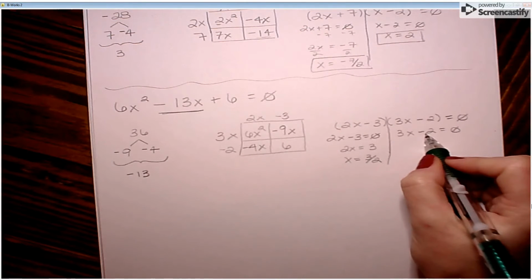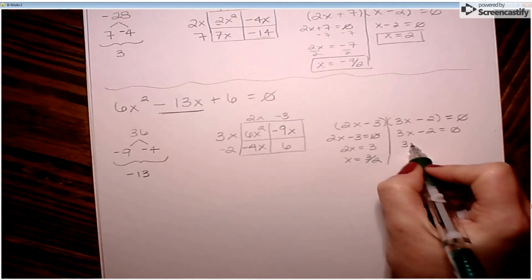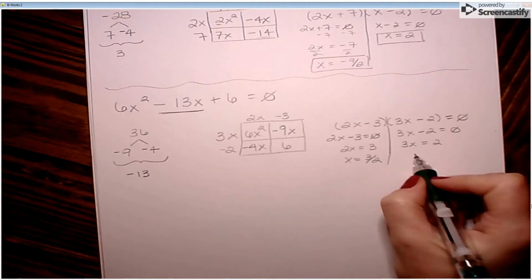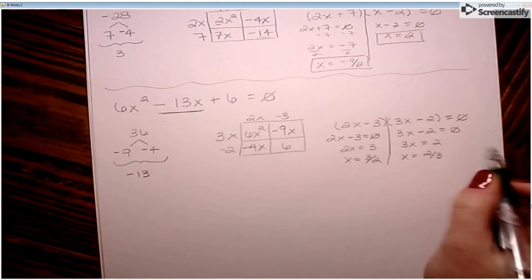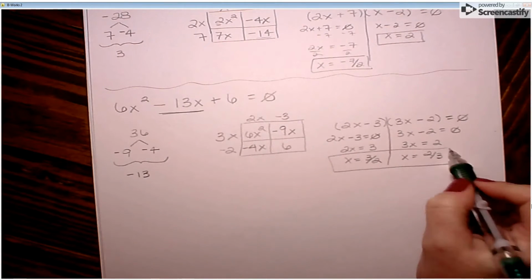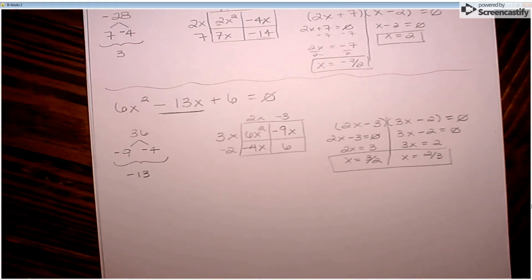Here, I'm going to add 2 to the other side, and then divide by 3. So here I'm going to get x is 2/3. And those two values would be our roots.